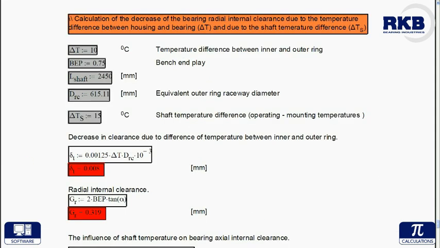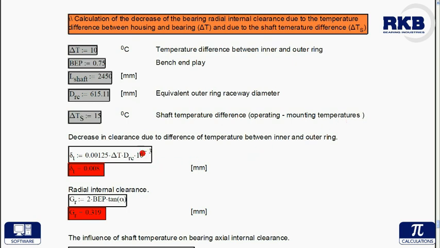As common knowledge, all the rotating elements of a bearing under load generate heat, which affects the interference fits of the shaft and housing. In order to calculate the influence of the temperature on the bearing clearance, we assume a temperature difference between the inner and outer ring of a bearing equal to 10 Celsius degrees, and a temperature difference between the operating and mounting of the shaft of 15 Celsius degrees.